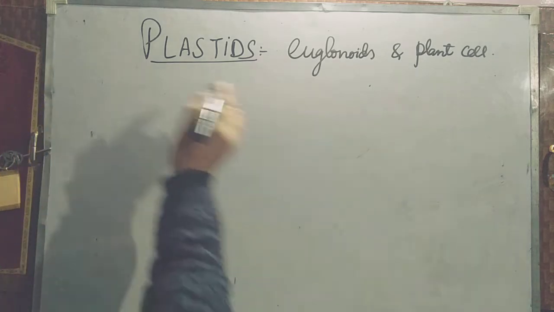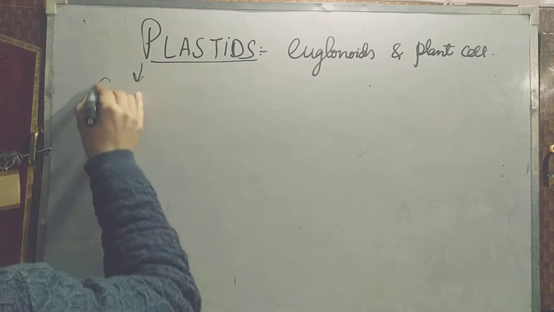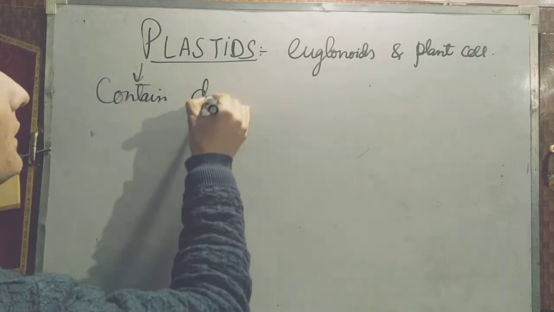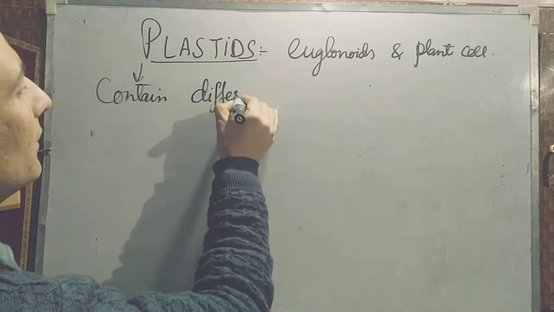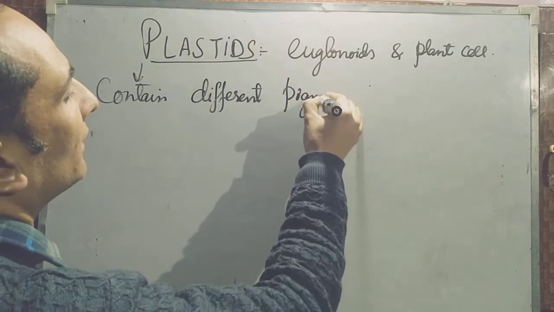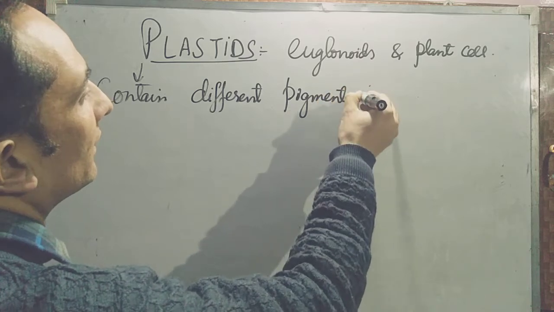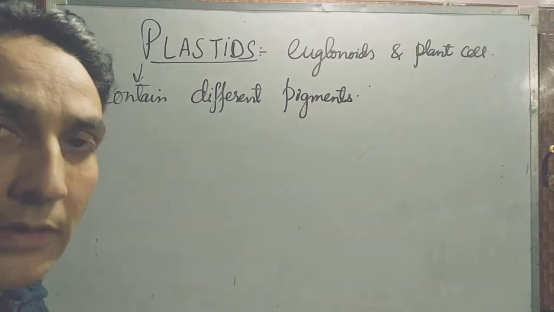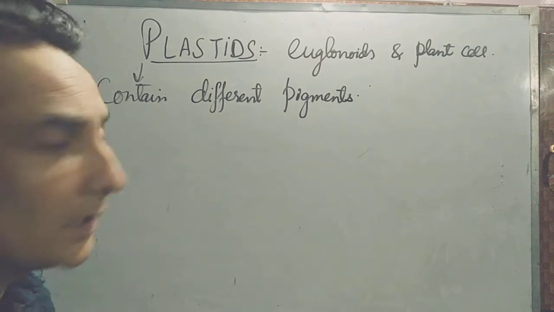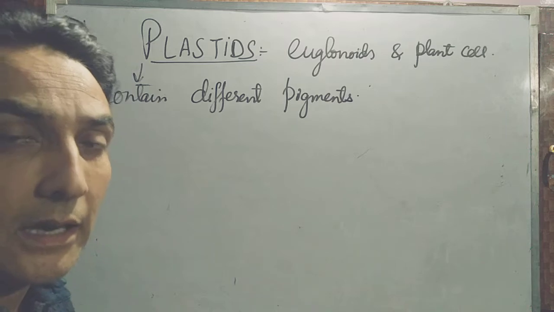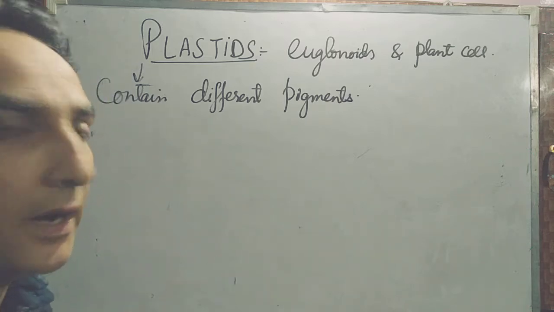Now they contain different pigments, and as such they impart different colors to the different parts of the plants. Depending upon the type of pigment, the plastids are of the following types.